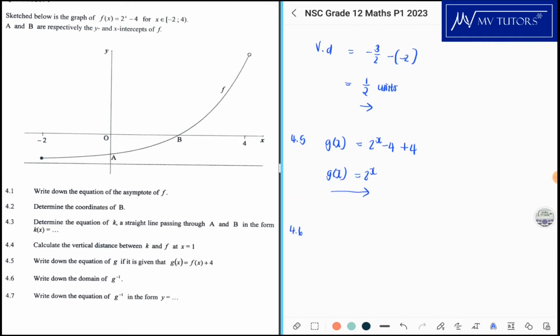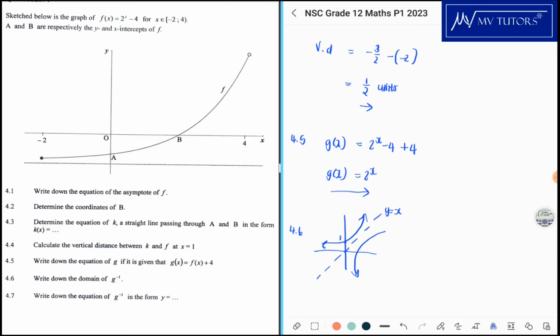so it says write down the domain of the inverse of g. Okay, so basically, if this is g, then the inverse of g will be reflected about the line y is equal to x, and it will look something like that.